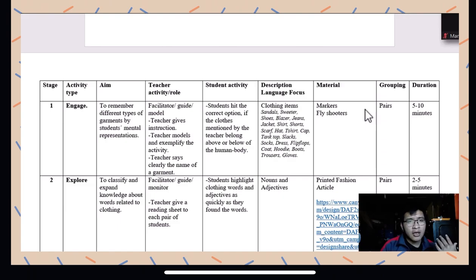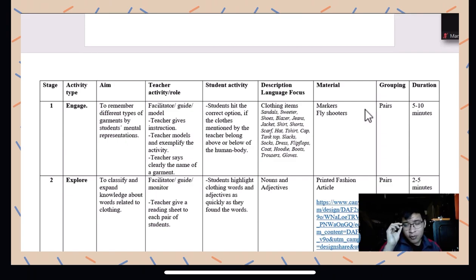Our role as teachers is to be facilitators, guides, and models: provide instructions, model and simplify the activity, and pronounce the words for the adjectives or pieces of clothing in the clearest way possible. What the students will have to do is to hit the correct option if the clothes mentioned by the teacher belong above or below the human body.